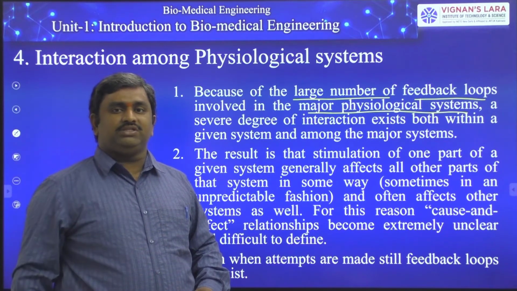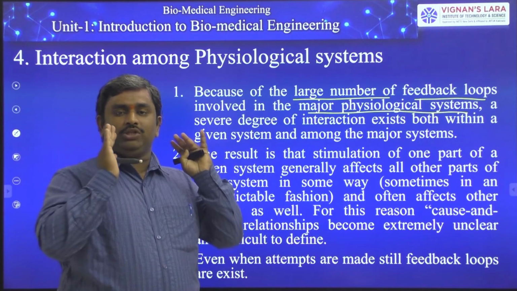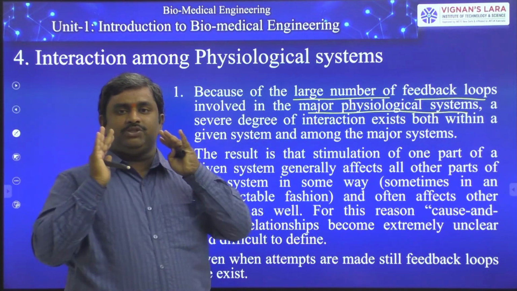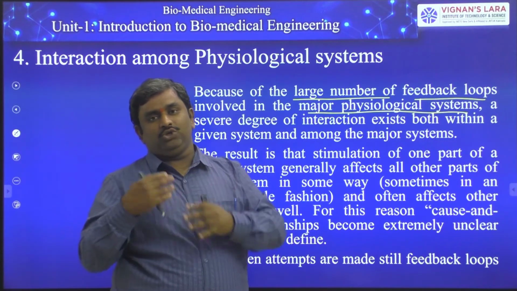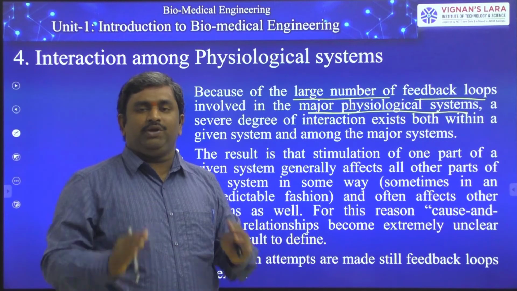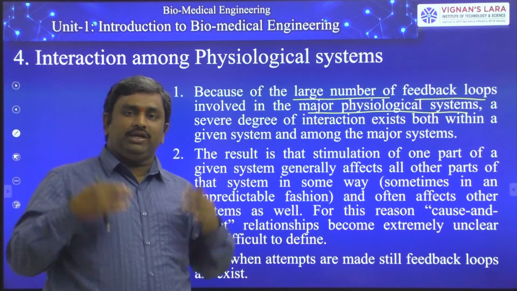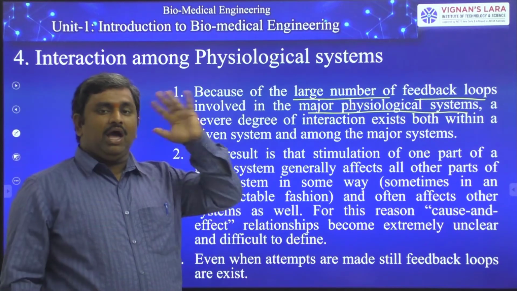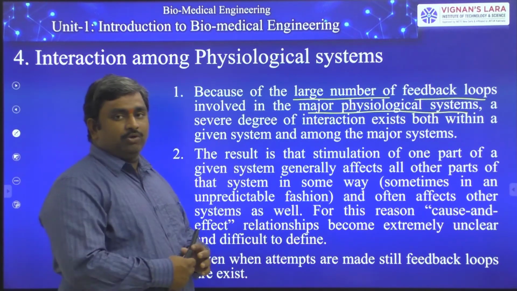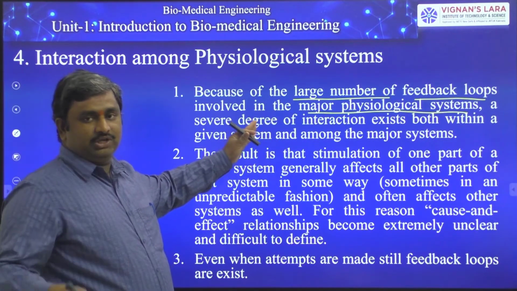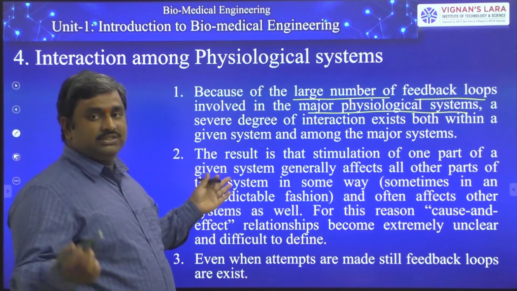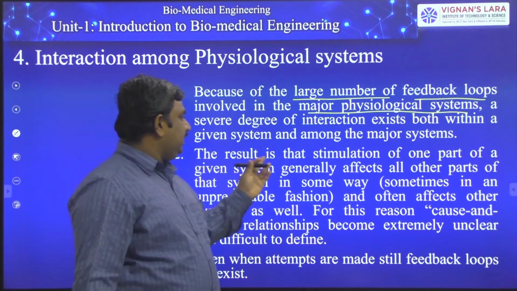The central nervous system controls how much blood you have to push, how much oxygen you have to consume, and how much speed you have to run. All the decisions are given by our central nervous system. So the major system and the internal systems should cooperate. This is the relationship.